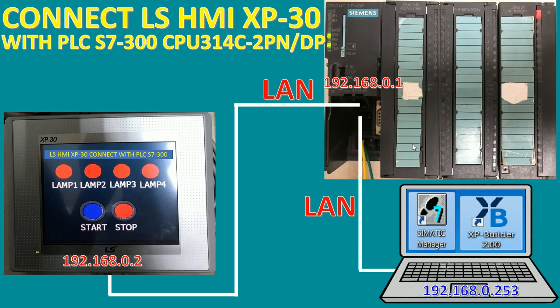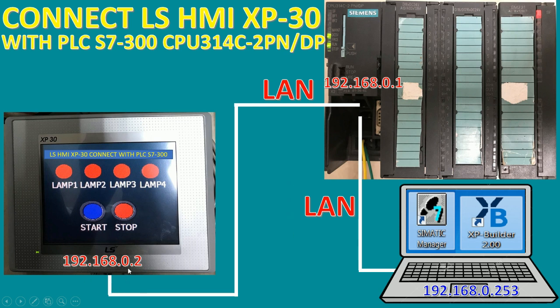Okay. So I will use a LAN cable to connect from my PC to the LAN port of the CPU of PLC S7-300, and then connect one more LAN cable to the HMI. Okay.